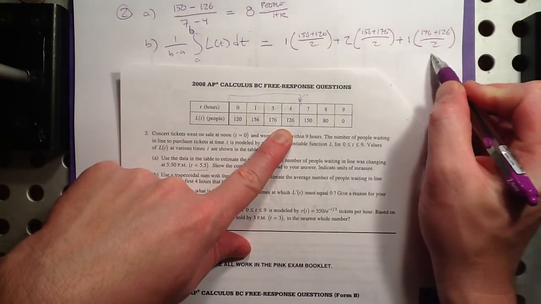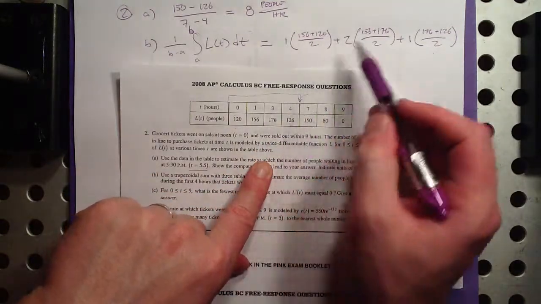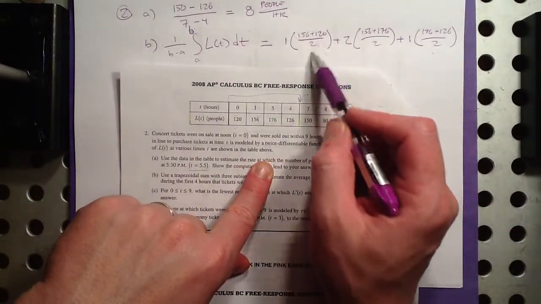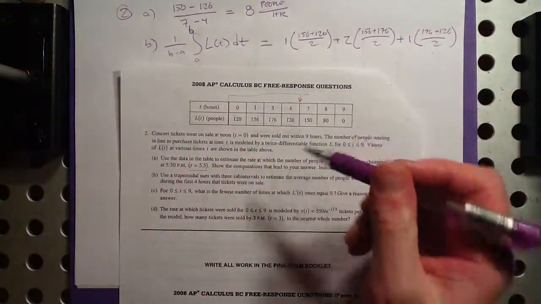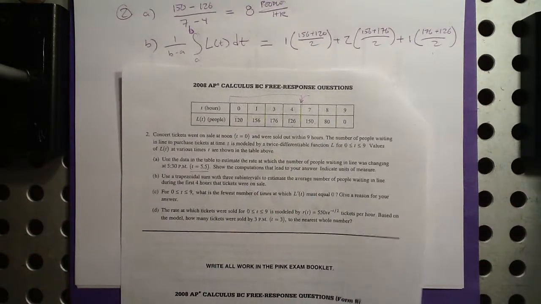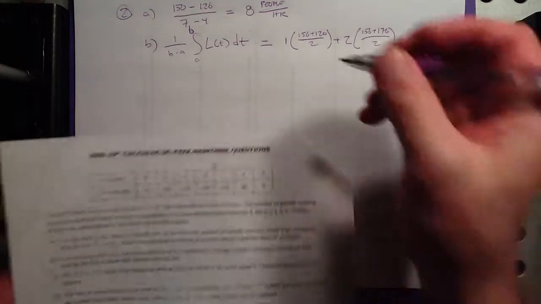Take the average of these because we're saying the area of a trapezoid is like a rectangle with that width and the height of the average of the 2. So punching that all into our calculator, I already did that, and I got an answer of 155 people, approximately.